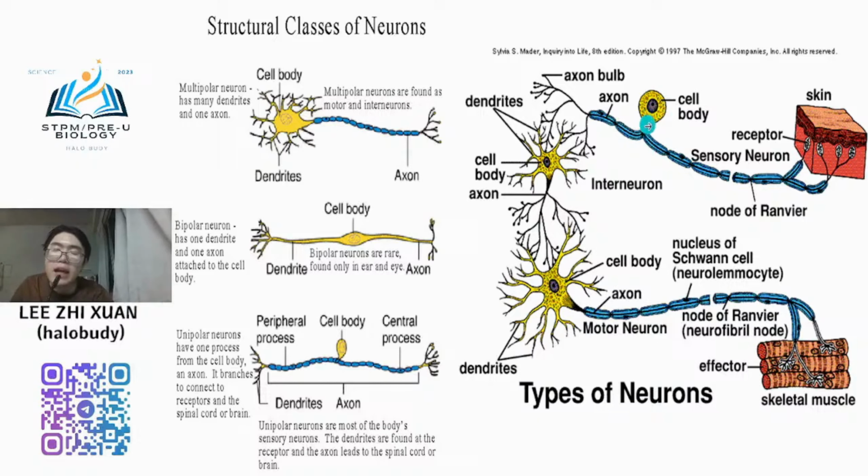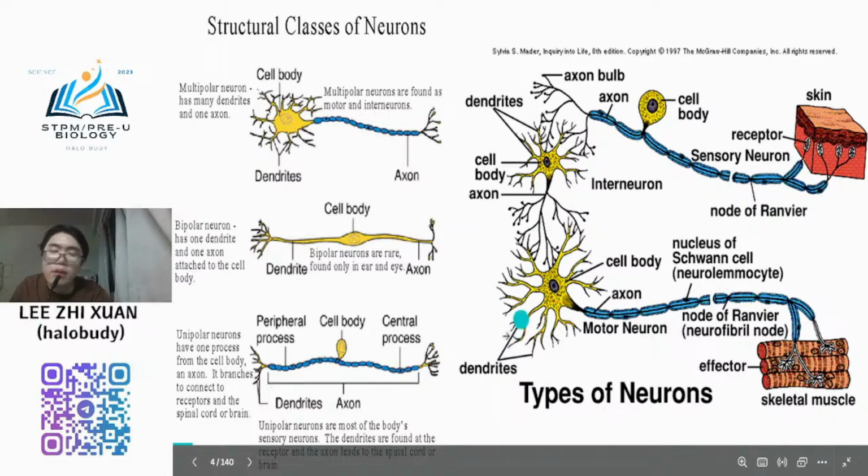Afterward the cell body, it becomes the axon. If you see the sensory neuron, the dendrite length is longer compared to the motor neuron. For the motor neuron, the dendrite is very short.